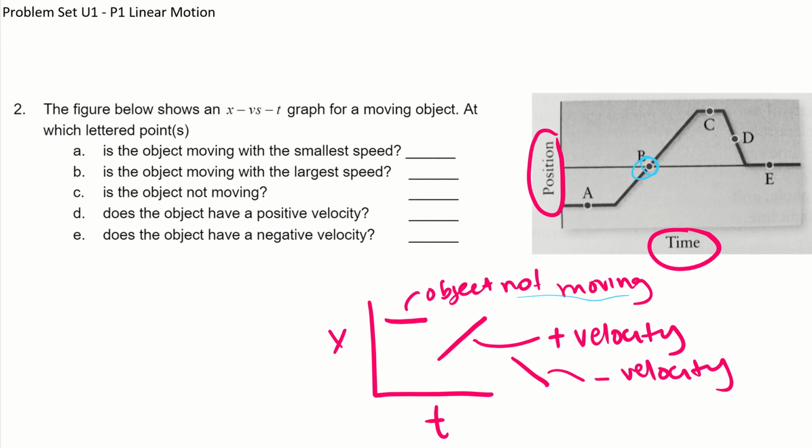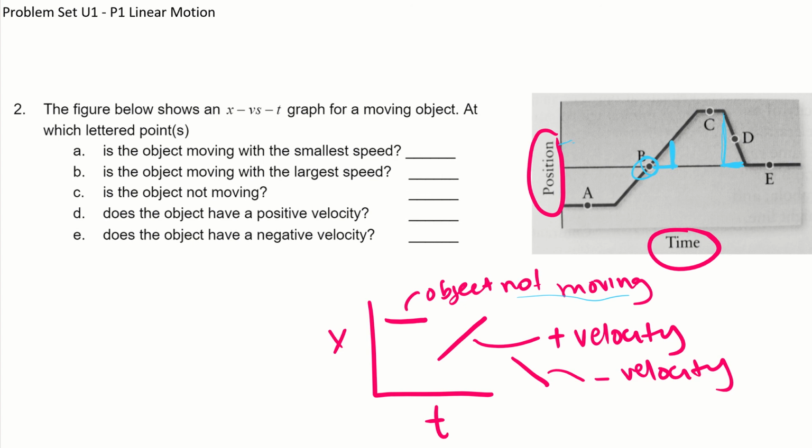If you look at this slope, rise over run, for every amount of time, let's make that a short amount of time. If we look at a short amount of time here, B changes its position by this much. But if we look at that short amount of time over here, where D is, the object is going to change its position by that much.